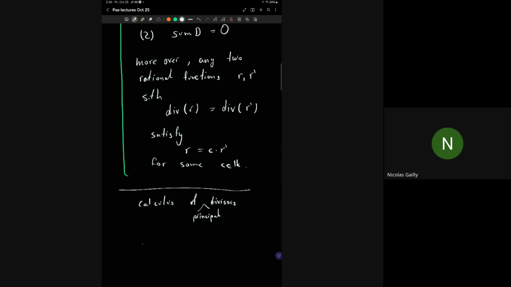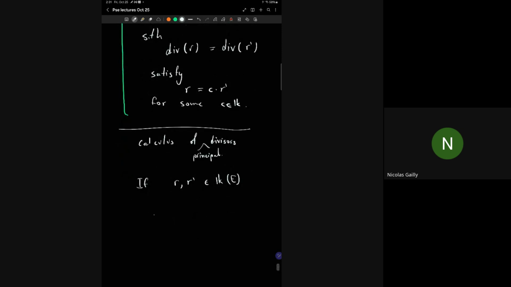If I have two rational functions, R and R prime, I can look at them as two functions from E of K to the projective line.